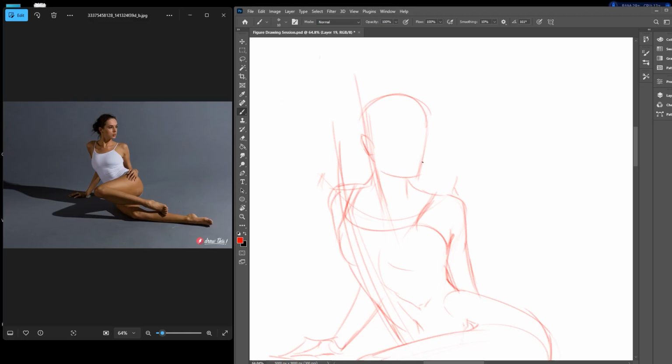Then after you get better, you will have more confidence. And always, whenever you are figure drawing, do not forget to focus on the face. Try to spend some time on the face. However, like I said, if it's 2 or 3 minutes, then the only thing you can do is give it some information like this, and that's it.